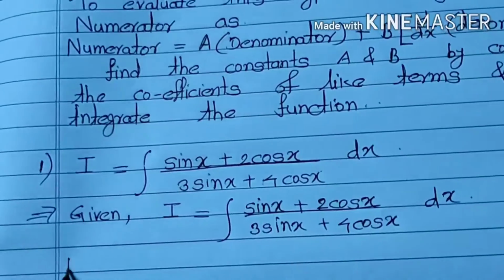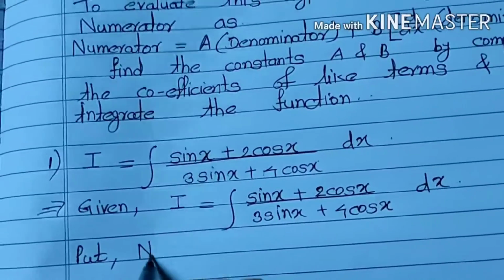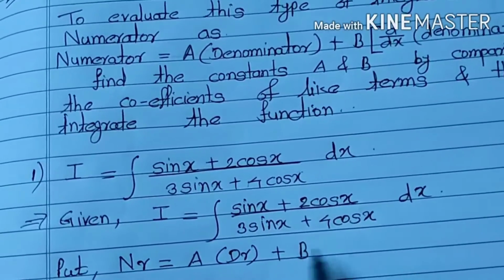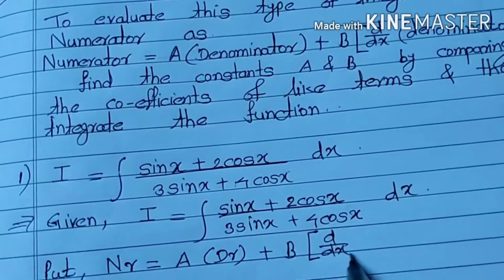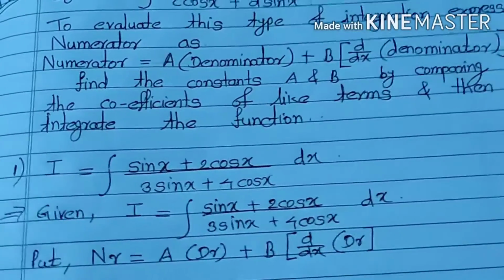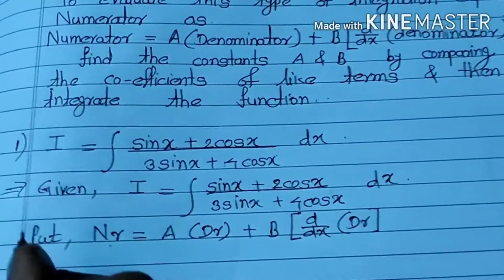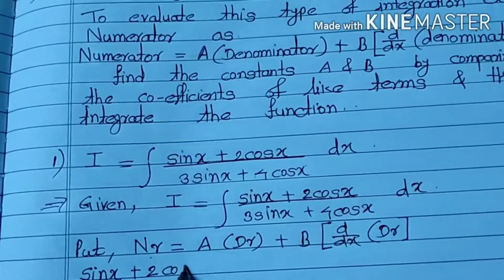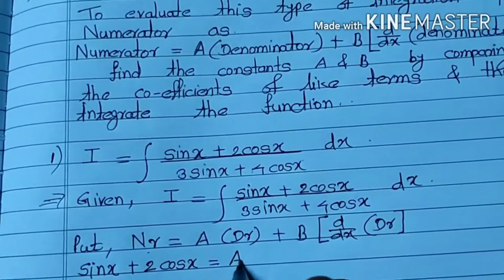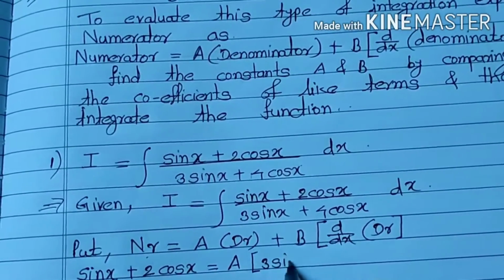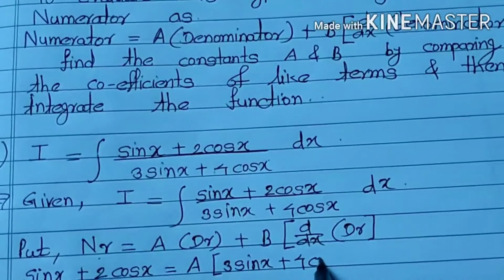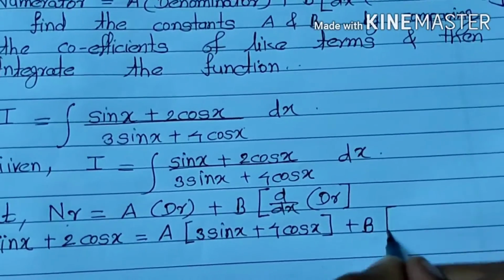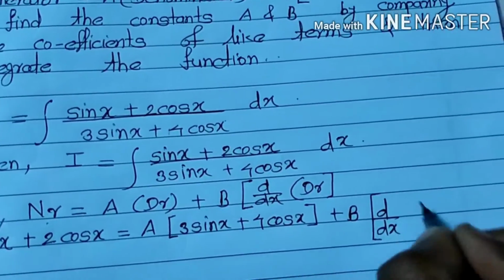Now put numerator is equal to a into denominator plus b into d by dx of denominator. So using this, numerator is a into denominator plus b into derivative of this denominator.